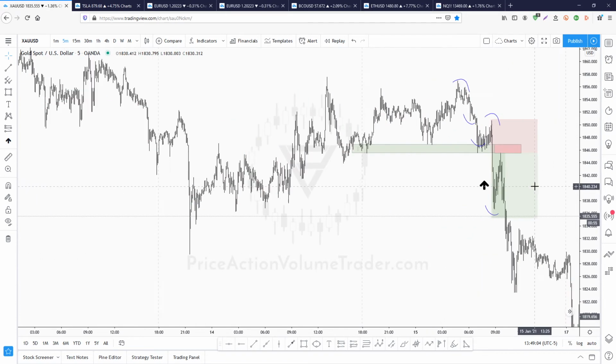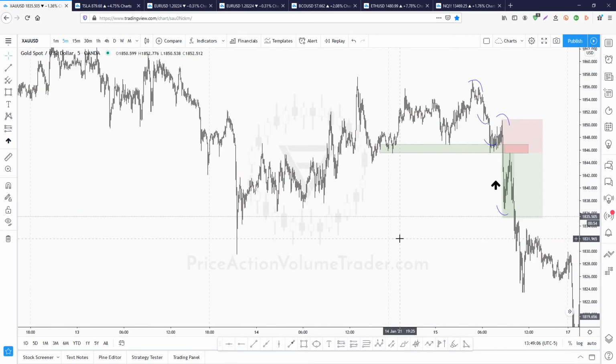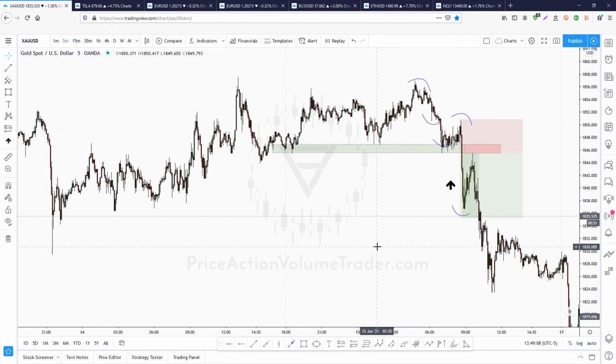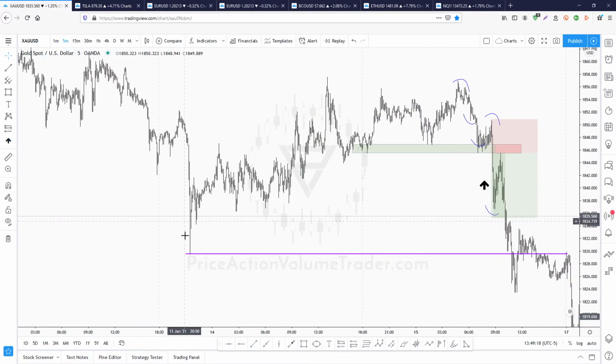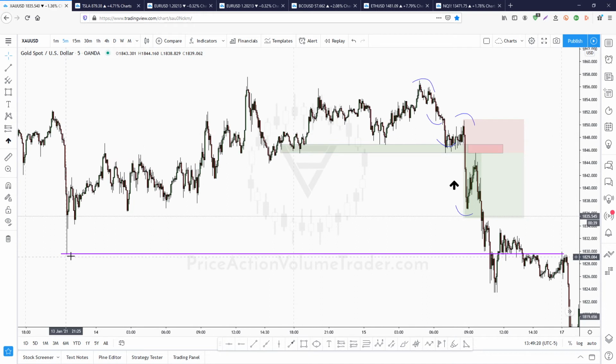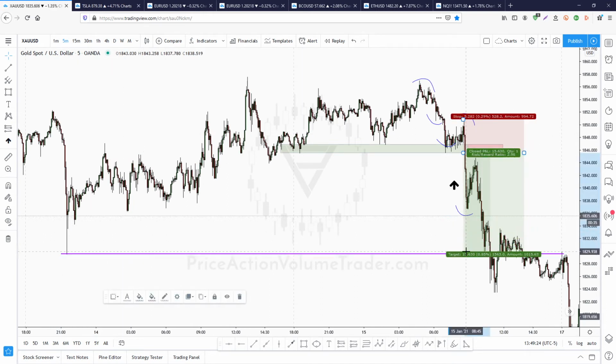So we can zoom out and look at the prominent levels. We have previous swing lows, this very prominent wick here and this previous level right here. So this could have been our target.